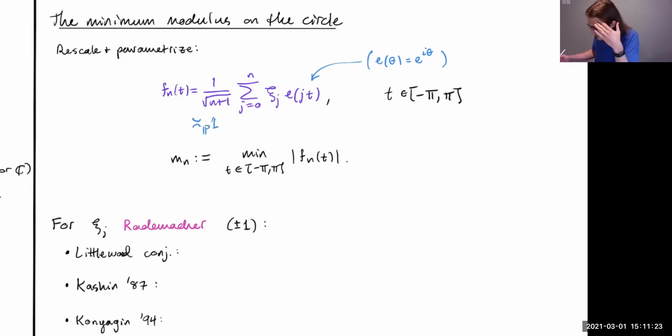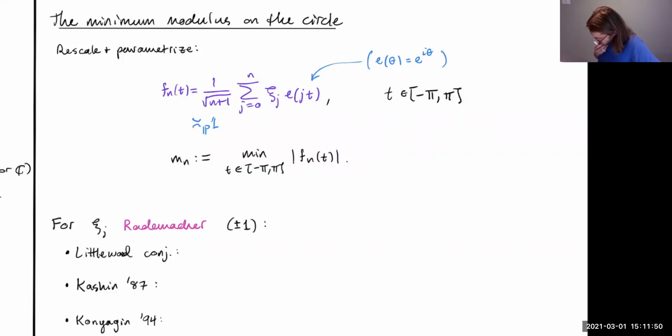And we parameterize z by e(θ), which is just the complex exponential notation. Okay, so we have this random sum of waves of increasing frequency. And we've normalized. And what we're interested in is the minimum modulus, the global minimum modulus of this random function.